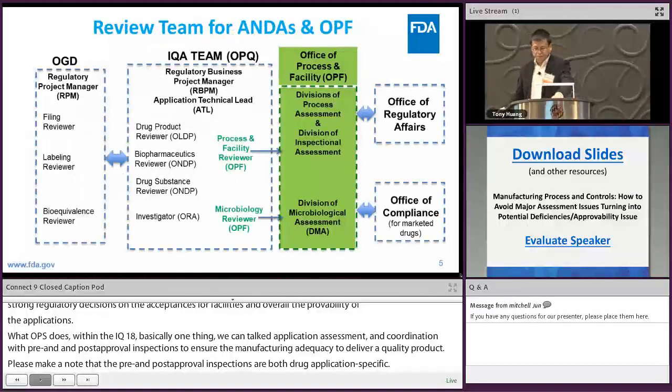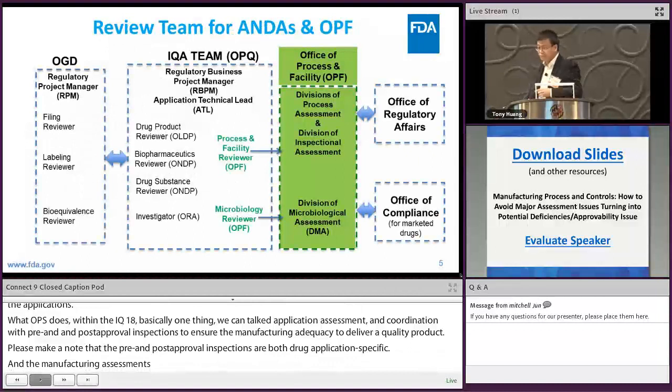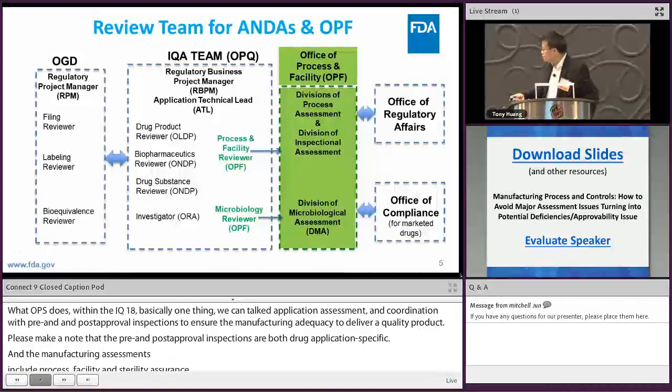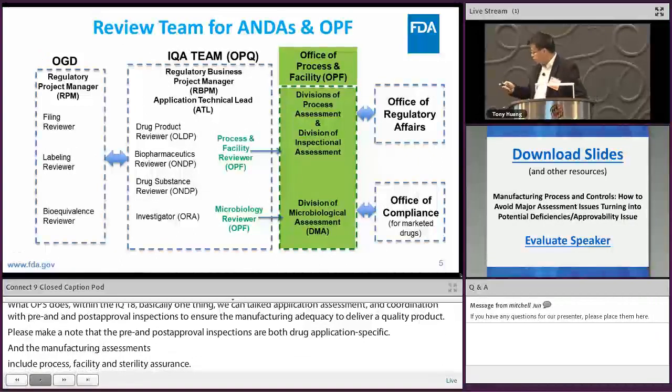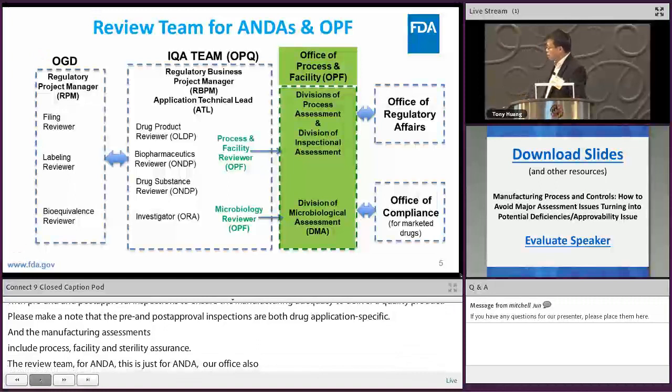The review team for ANDA, this is just for ANDA, because our office also reviews the NDAs, the new drug applications. So for the IQA team within OPQ, you can see that there is a RBPM and an ATL. They are the leading roles in this team.